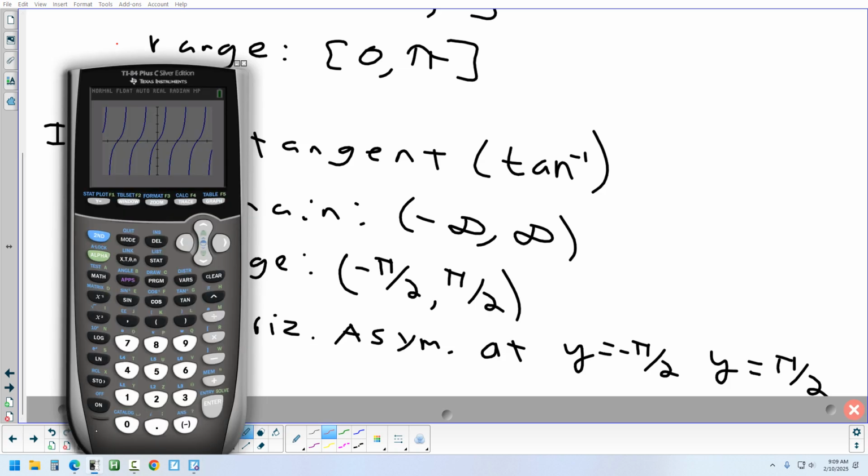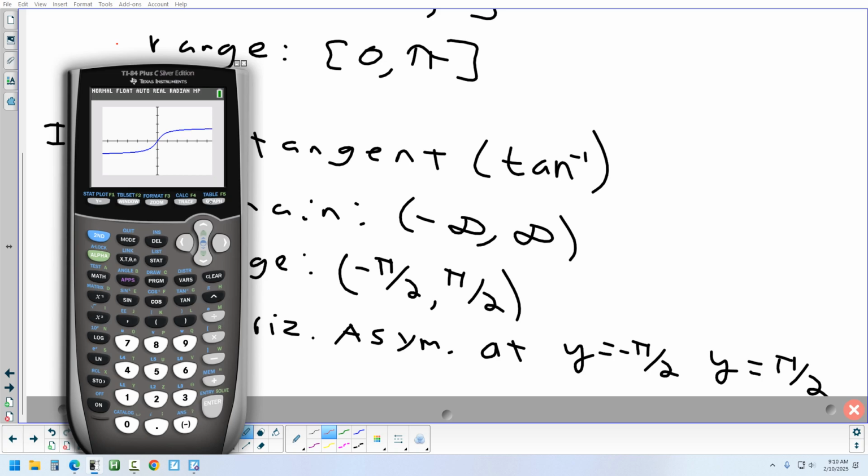Okay, let's sketch that one. So there's our original, and remember, it's kind of hard to draw when it's a trig function, but if you put a black line in, y equals x, and you reflected it, this is the picture you would get. That's inverse tangent.